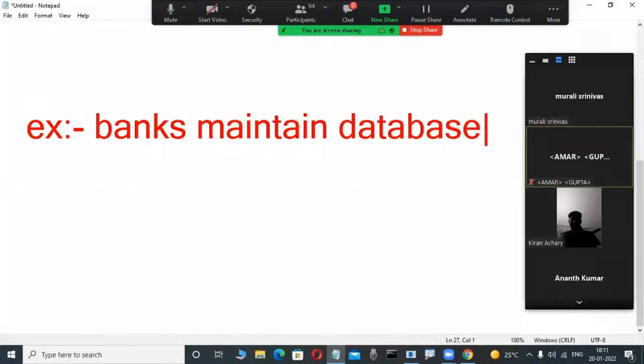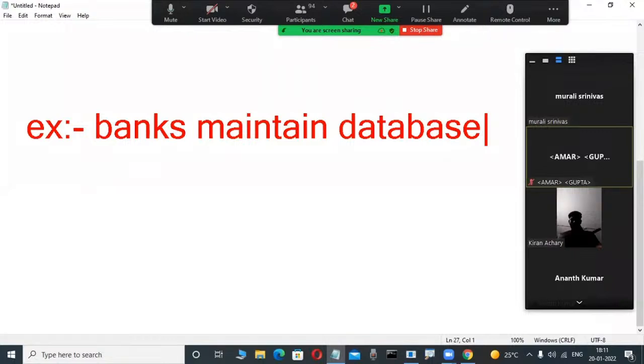Suppose account holders deposit some amount. You also deposit some amount. Your details, your name, address, phone number, balance and account number, are important to store permanently. That's why, when customers deposit some amount, they want to store those details permanently.